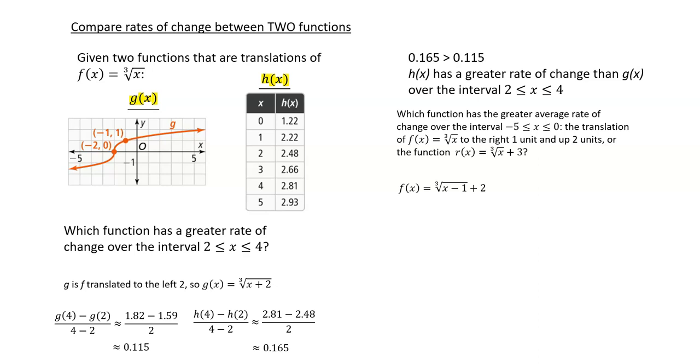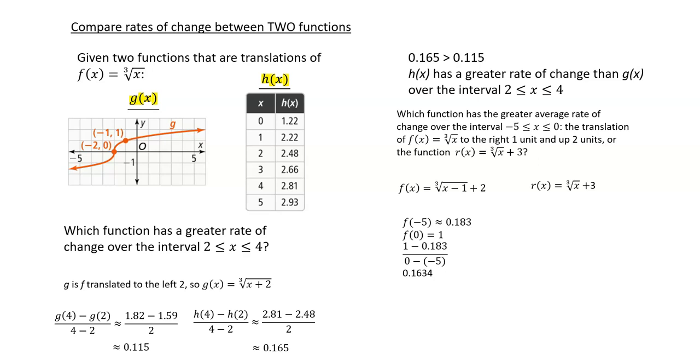f of x got translated to the right 1 and up 2. So f of x is cube root of x minus 1 plus 2. And we were given r, cube root of x plus 3. Looking at the values for negative 5 and 0, and then finding the change in y over the change in x, we get 0.1634.